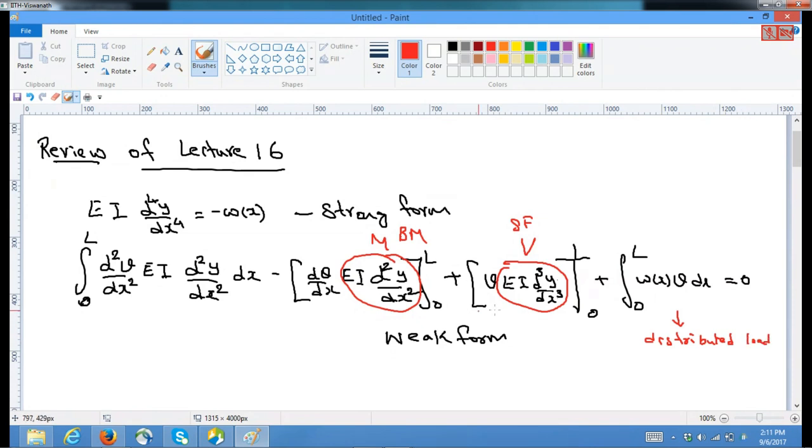These are the point generalized forces. That means it is either point loads or point moments.